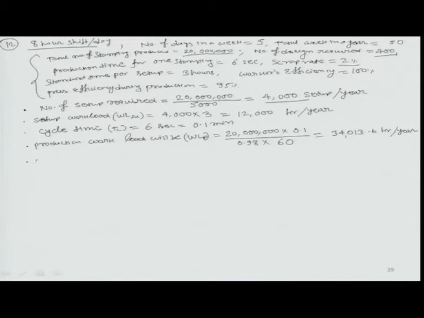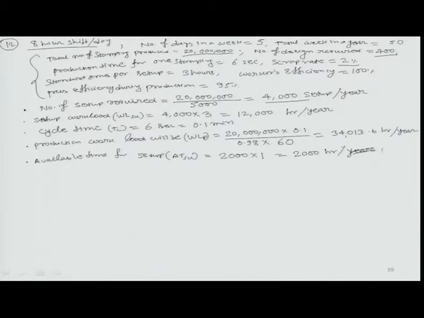Now, the available time for setup is equal to 2000 into 1, so it is equal to 2000 hours per year per press.